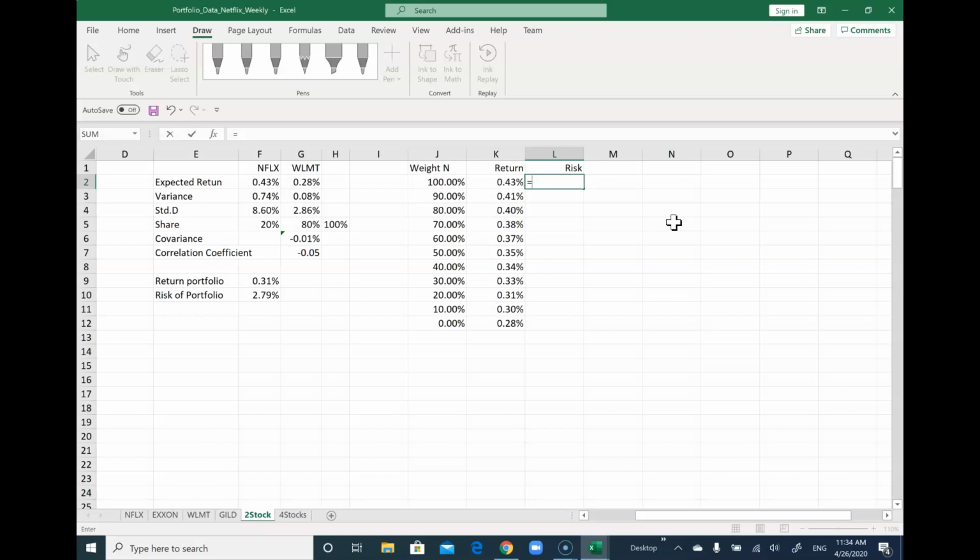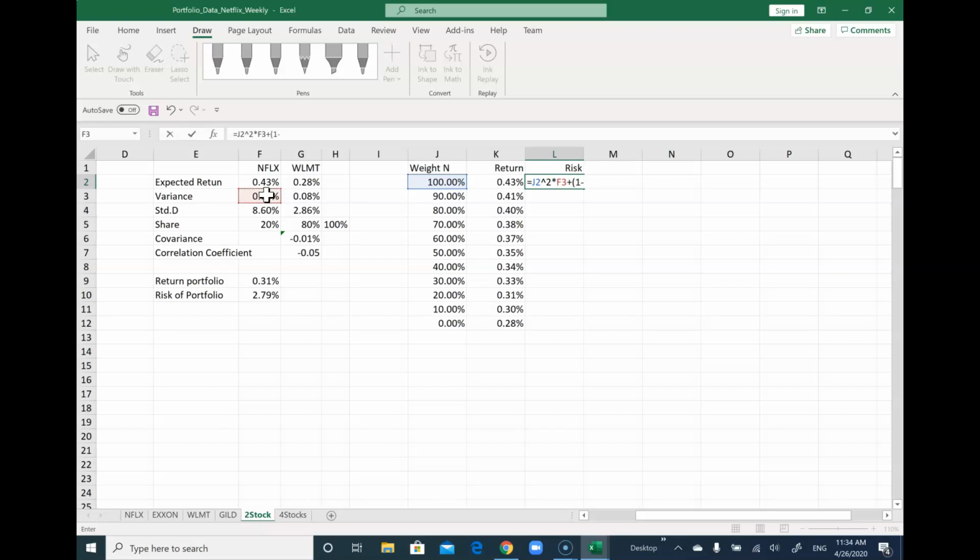So the first thing that we have to do is we get the share of each asset and square it and multiply by the variance of each asset.